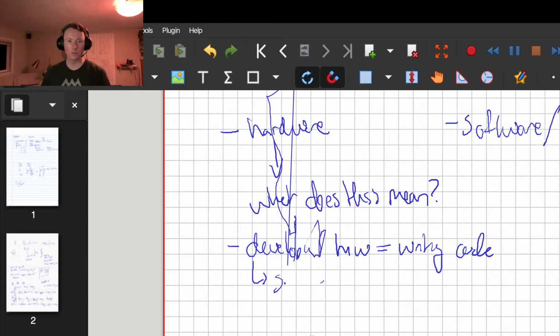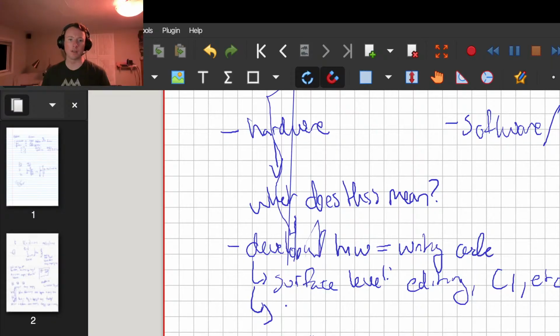So surface level: editing, CI, etc., etc. But then let's drill one layer down. What is the development cycle?